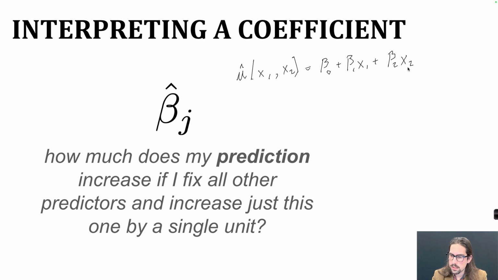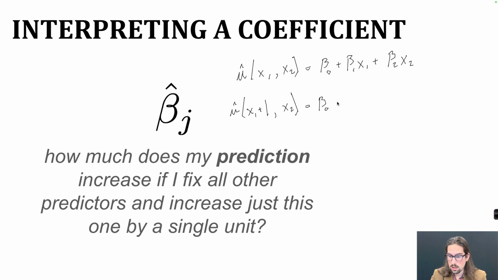Well, if we fix x2, what is the value of the prediction if we put x1 plus 1? So we increase x1 by 1 unit, and we fix x2 at the same value. How does our prediction change? Let's compare these two.